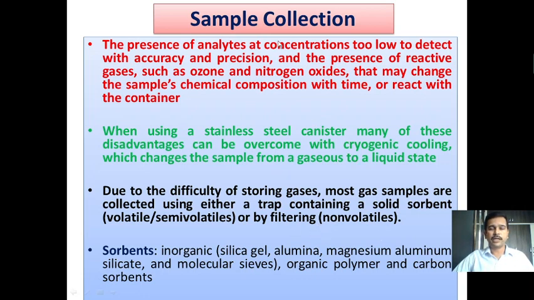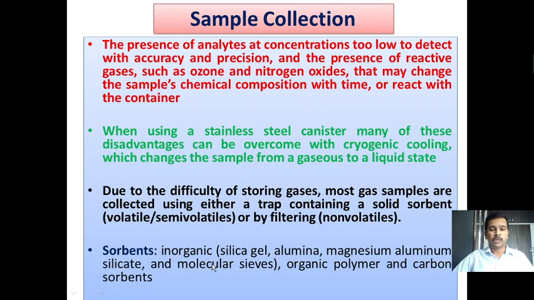So this is how we can collect samples which are gaseous in nature. The normally used sorbents for inorganic species may be silica gel, alumina, magnesium aluminum silicate, and even normal molecular sieves. And even some organic polymers and carbon sorbents can also be used. Carbon sorbents such as graphite or charcoal.